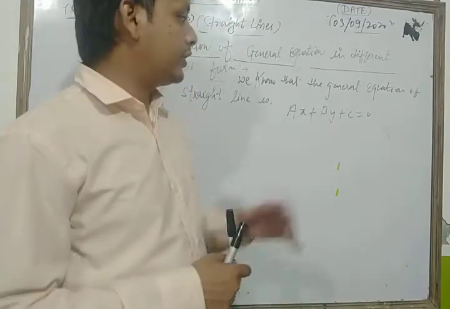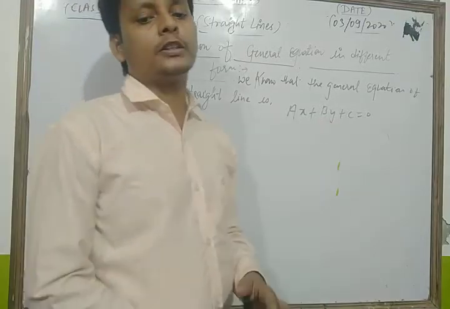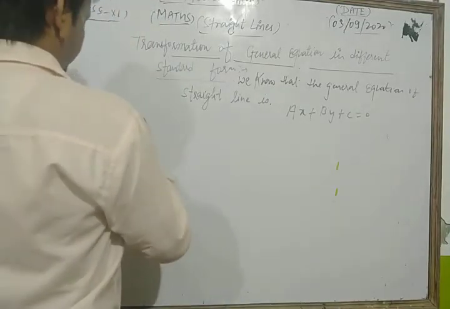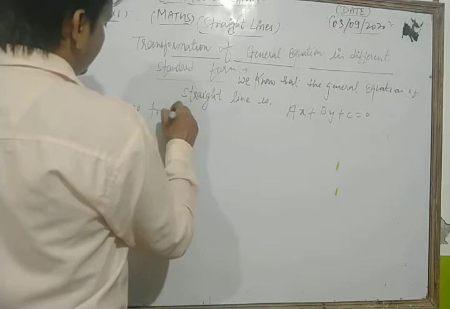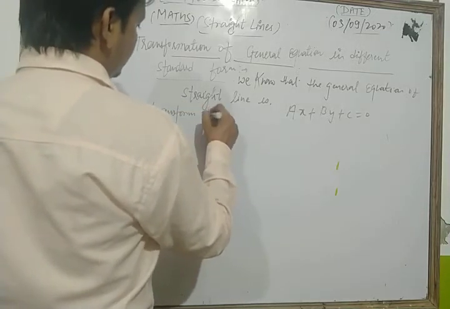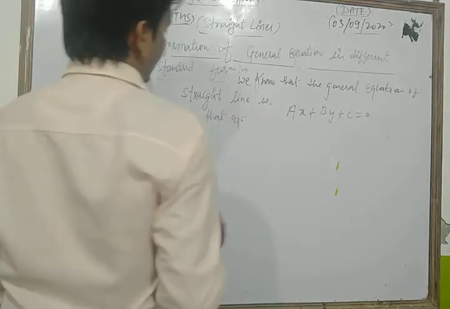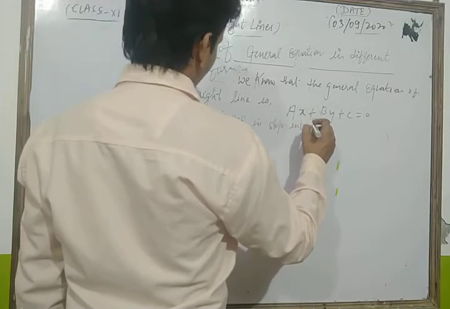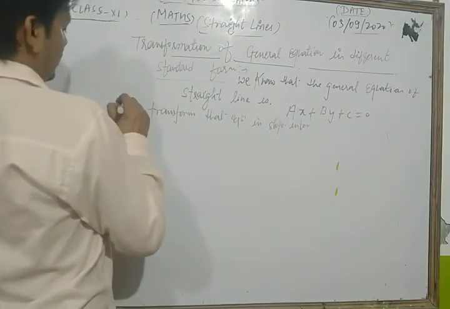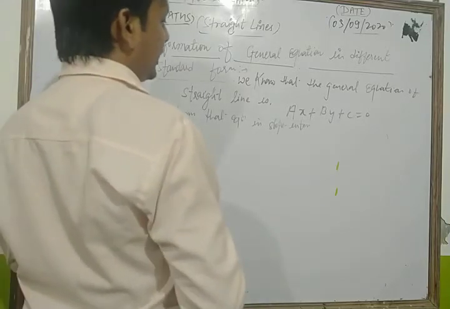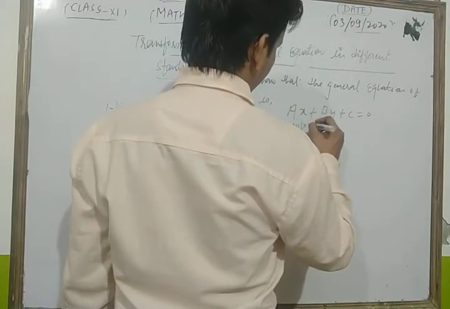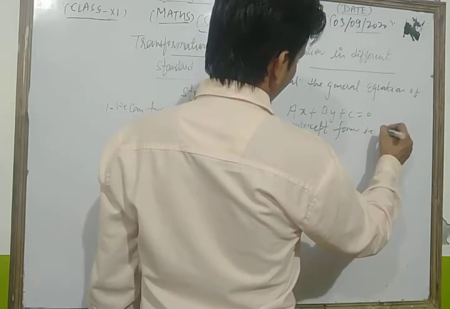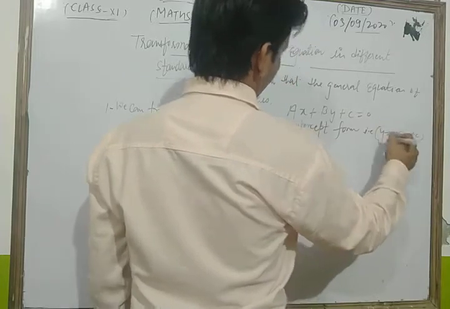Suppose we transform that equation into slope intercept form. We can transform that equation in slope intercept form, that is y is equal to mx plus c.